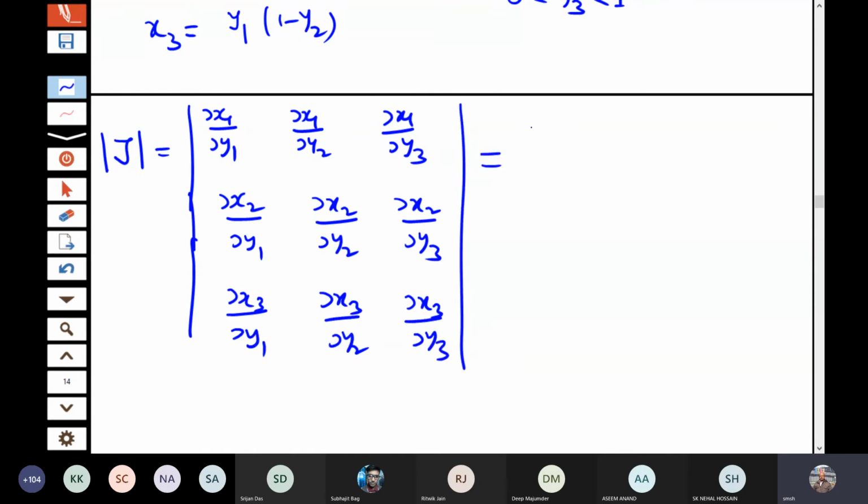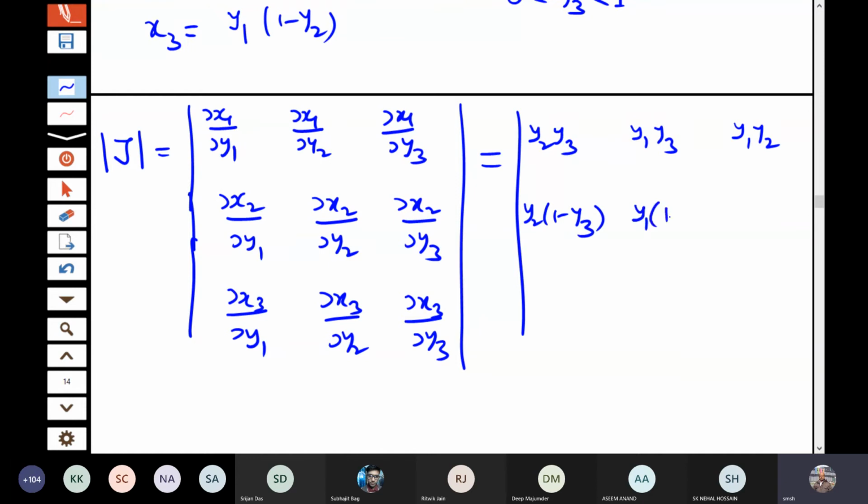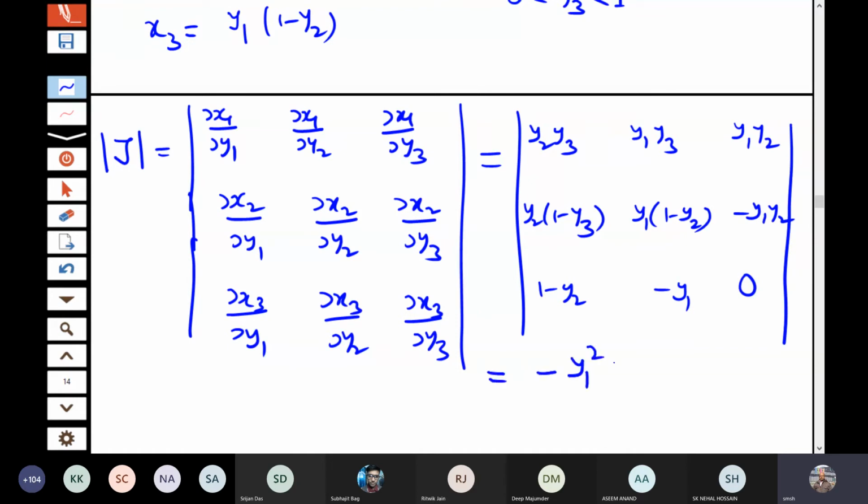That is equal to the determinant with rows: y2 y3, y1 y3, y1 y2; y2 into 1 minus y3, y1 into 1 minus y2 ... minus y1 y2; and 1 minus y2, minus y1, and 0. This is a simple determinant; you can calculate it, and it is minus y1 square y2.